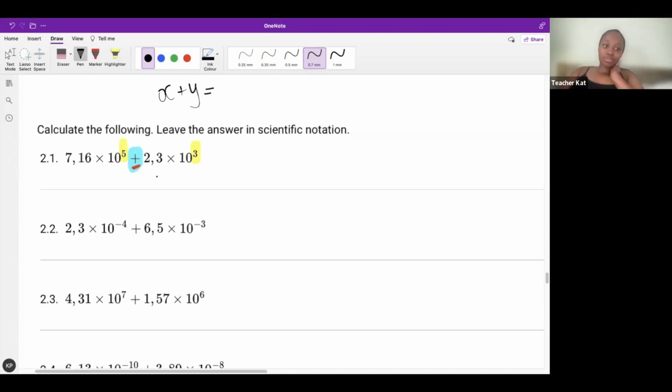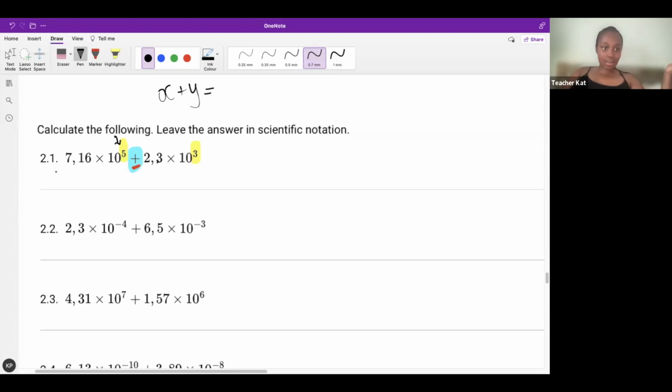Is it possible for me to take this 3 and make it an exponent of 5? Do you guys think that's possible? Because this number ends at 230, right? No, it's not possible. So now I am forced to change this 5 to a 3. So am I going to move my comma left or right if I want this exponent to decrease?